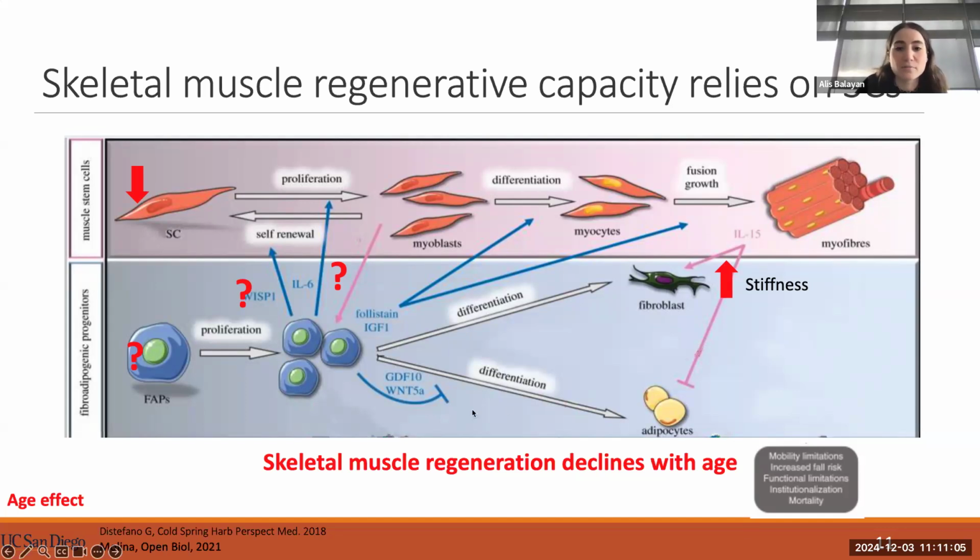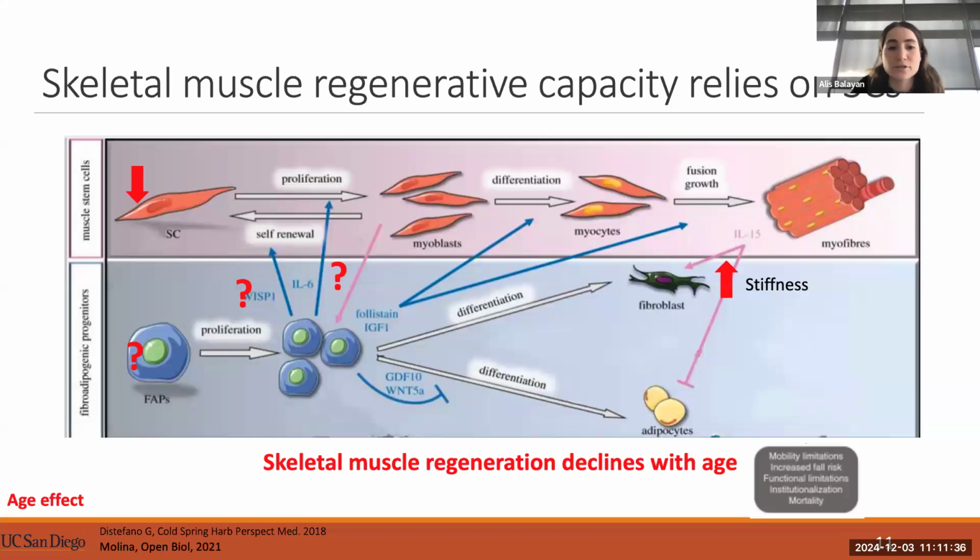All of these functional dysregulations then cause skeletal muscle regeneration to decline with age. And as you could imagine, this could have implications for mobility limitations with increasing age, with increased fall risk and functional limitation. So I was really interested in studying some of these changes, and a lot of the literature that currently exists is based mostly on animal models or animal-derived cells.